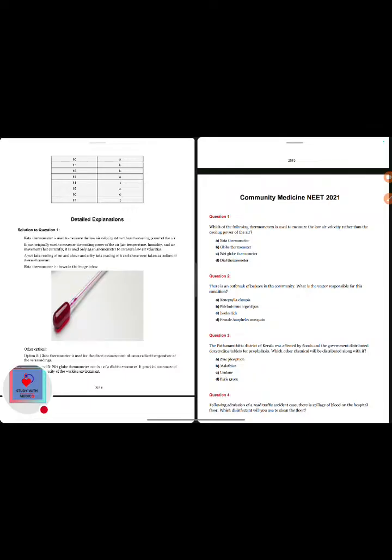Let's begin. Which of the following thermometers is used to measure low air velocity rather than the cooling power of the air?